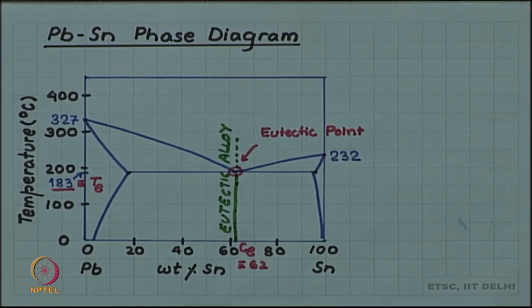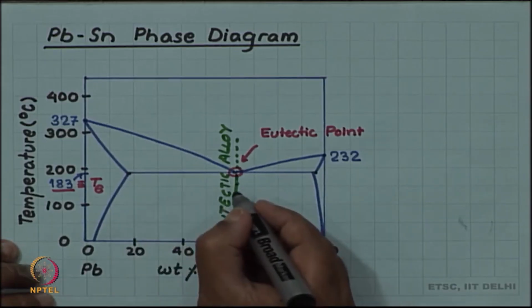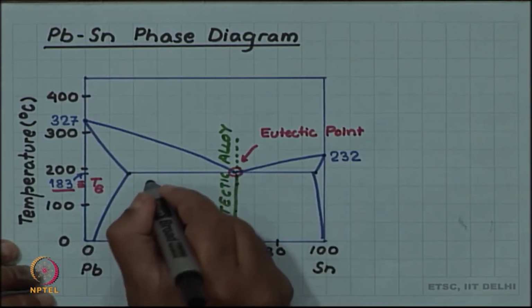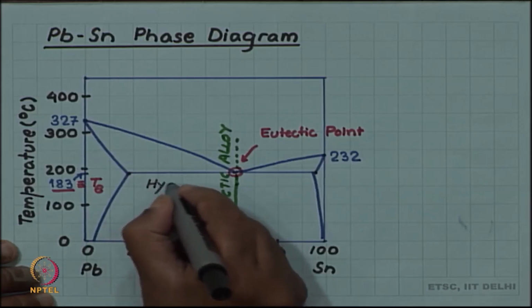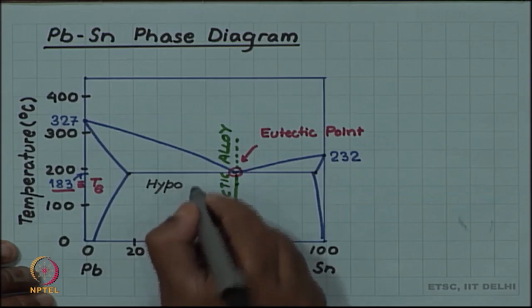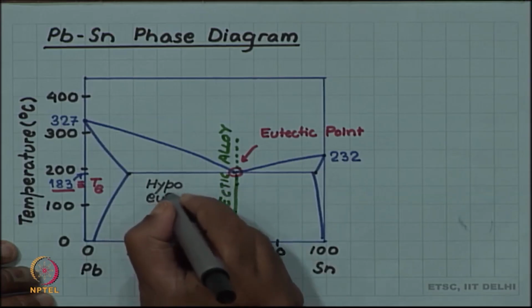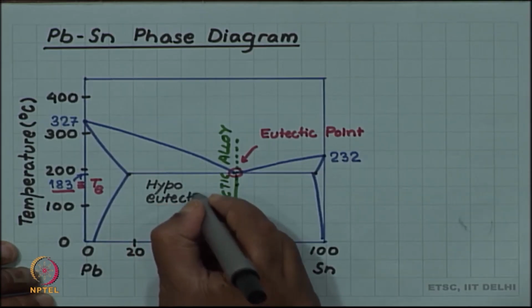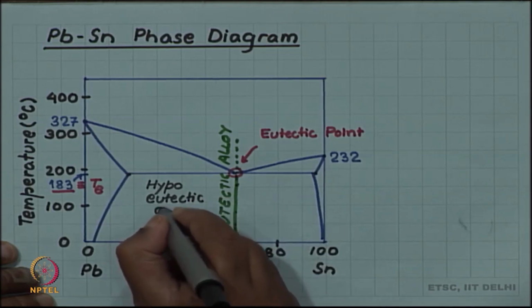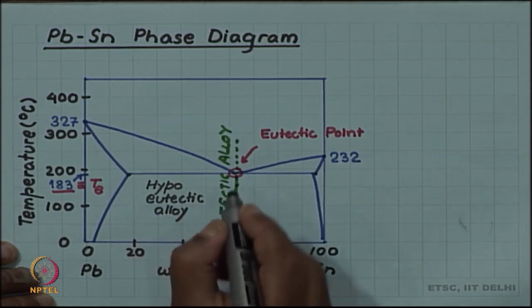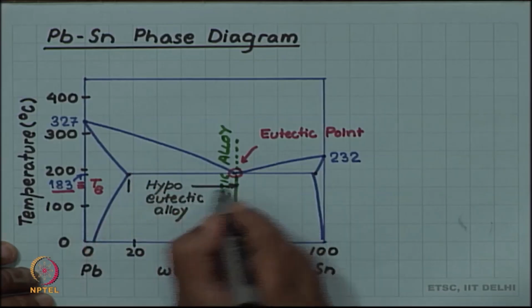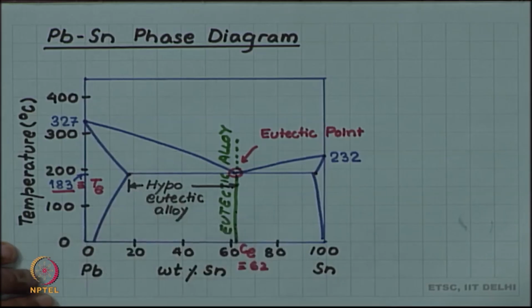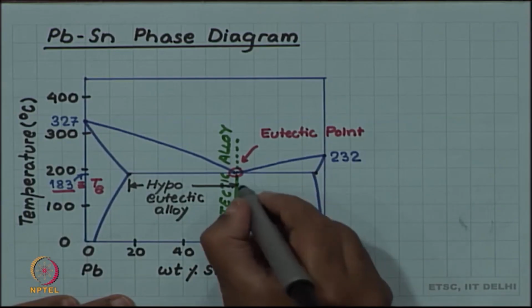And then alloys with composition less than the eutectic composition are called hypoeutectic alloys. So, hypoeutectic alloy means an alloy with composition less than the eutectic alloy.